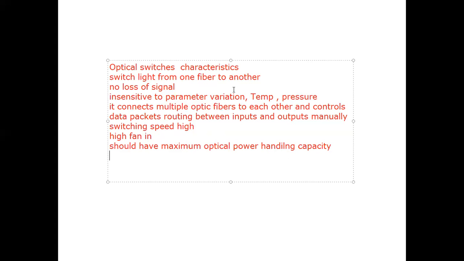Anything with respect to the switch itself. When I say no loss of signal, I was asking this question: does it mean the switch is contributing to loss? When I say no loss of signal, the switch as a component should not introduce a loss when I connect it in between.